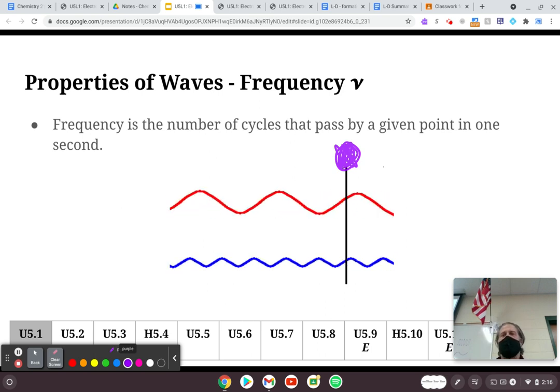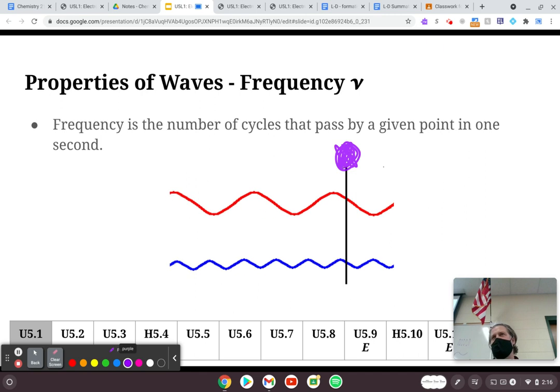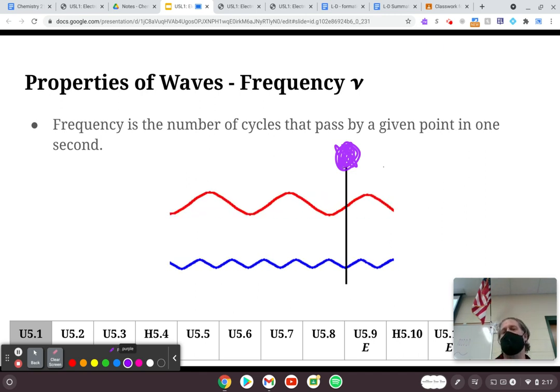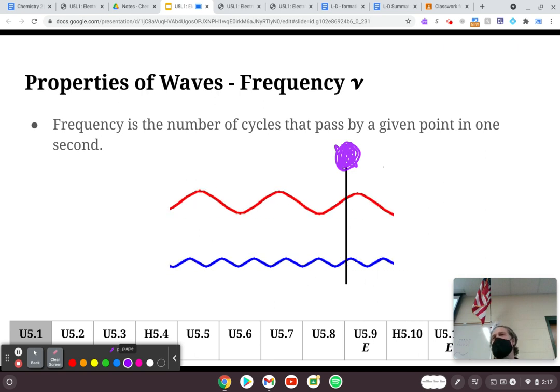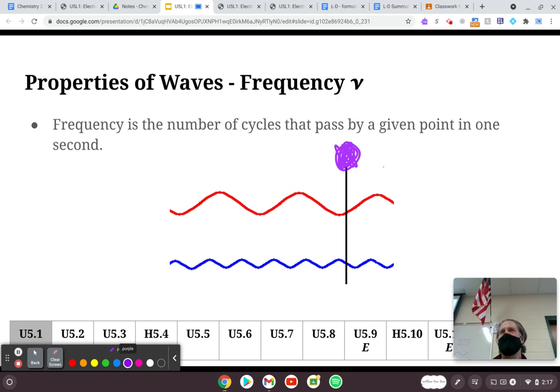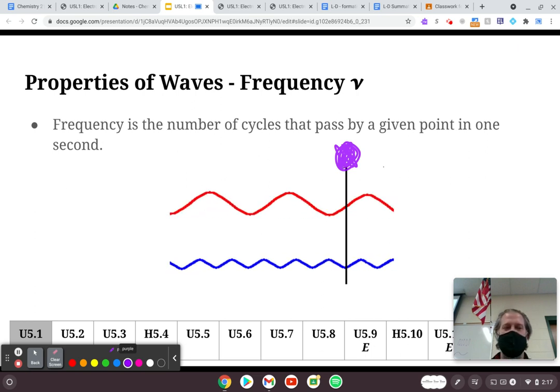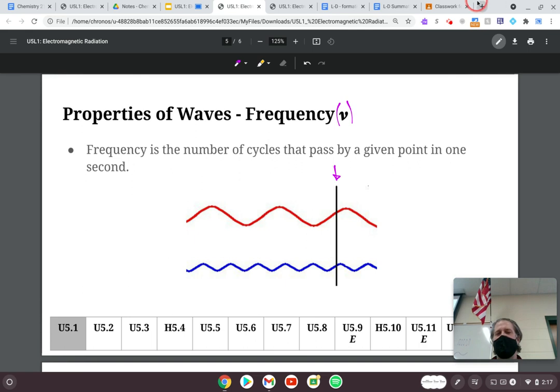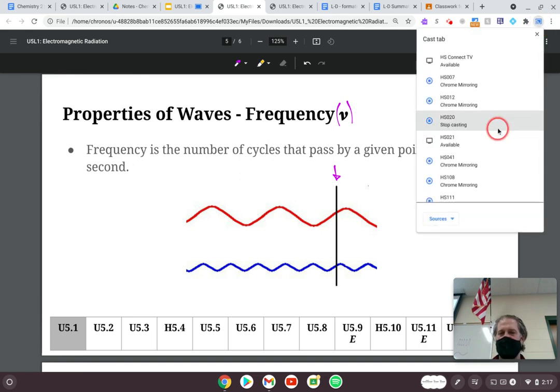So peak to peak, it takes 1 second of time. Okay, but in the bottom wave, it looks like 2 or 3 peaks pass in roughly 1 second time. Does that make a little bit of sense? So that's what frequency actually is. However, frequency is measured in something that we call the per second. And I'm going to show you that in a second here.